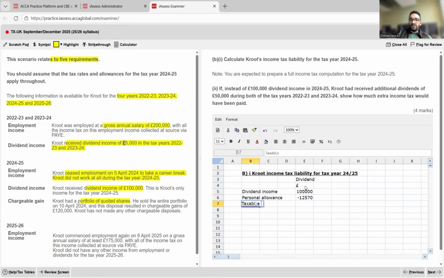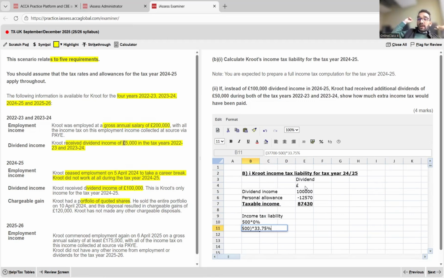This will be the taxable income. Right? Higher rate taxpayer. So first of all, income tax liability on the first 500 will be 0. Then 37,700 minus 500 into 8.75%, right?